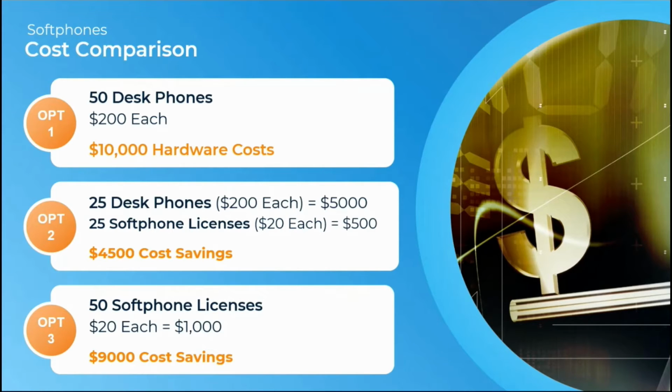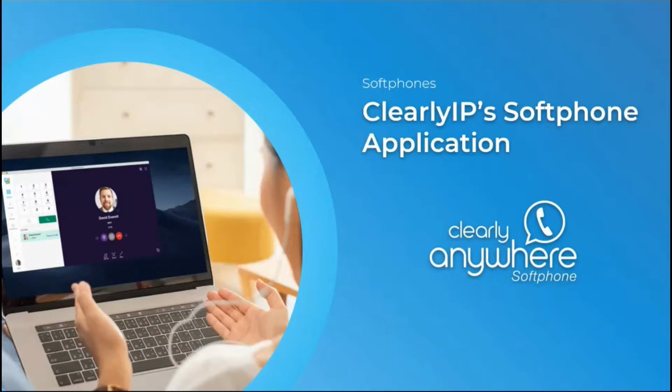However, there was no 10K in outlay of capital for hardware. Your users will need headsets, but these days, most employees have their own headsets to use with their cell phones, computers, or tablets. So more and more, it's bring your own device for staff in terms of their headsets. So that'll give you a good example of the 3 options.